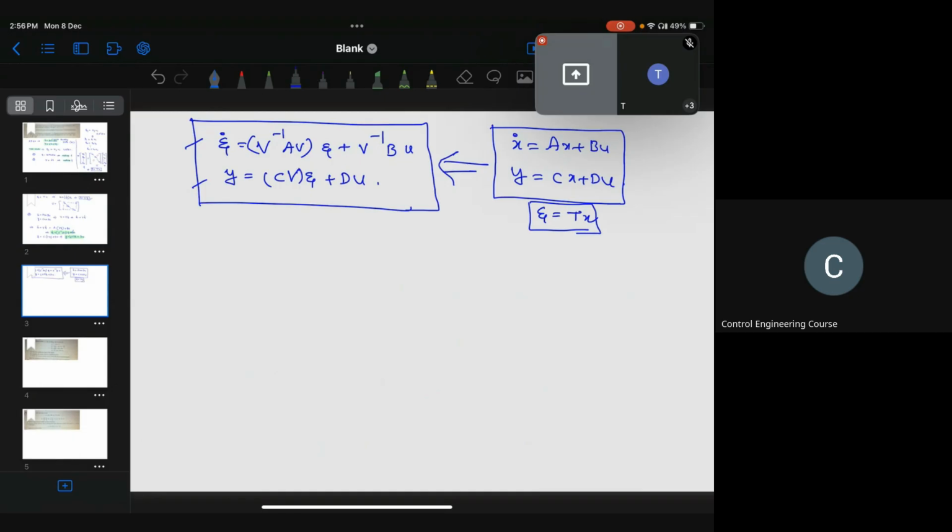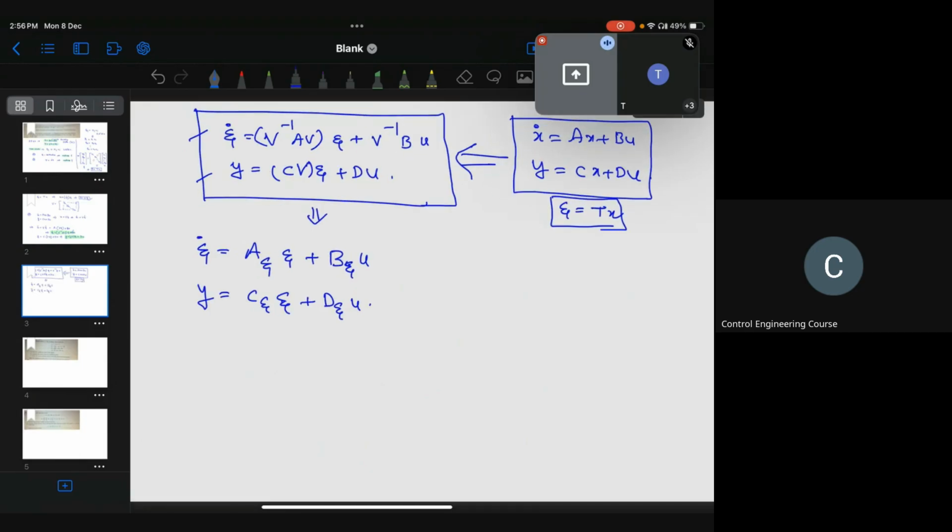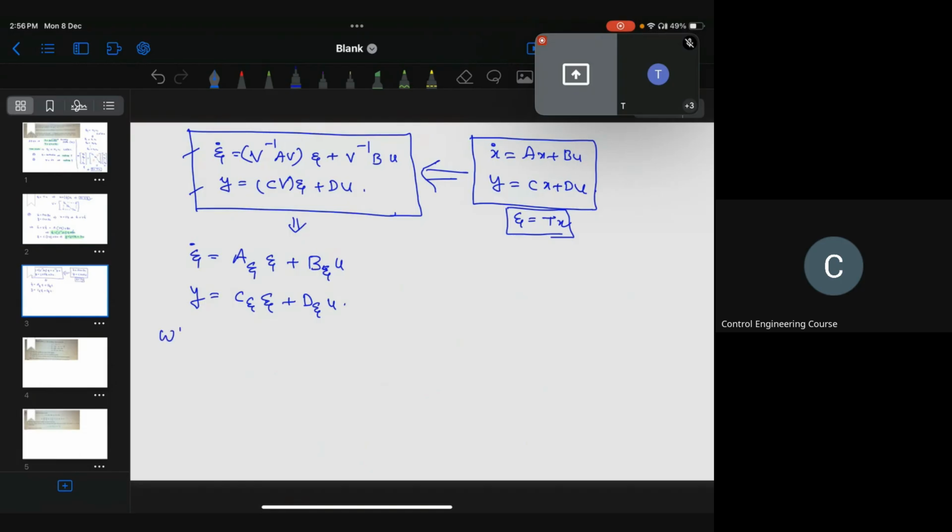Here we can write zeta dot as A zeta times zeta plus B zeta times u, and the second equation as y equal to C zeta times zeta plus D zeta times u, where A zeta is nothing but V inverse AV.